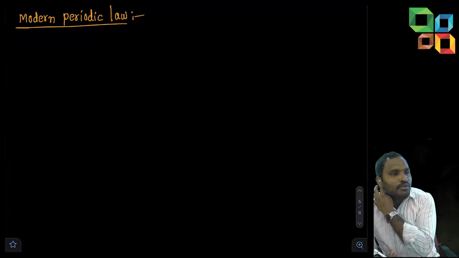Modern periodic law is the same as Mendeleev's law. They may ask in the exam. You can write the same as Mendeleev's law, but at the end you just replace atomic weight with atomic number. Only so much.